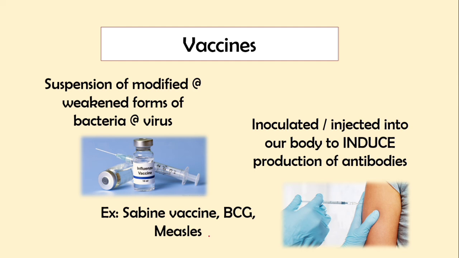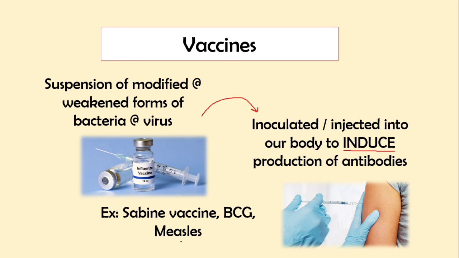Second, by using vaccines. A vaccine is a suspension of modified and weakened forms of bacteria and virus that is inoculated or injected into our body to induce or trigger production of antibodies by our own body, such as Sabin vaccine, BCG, measles as well as COVID-19.